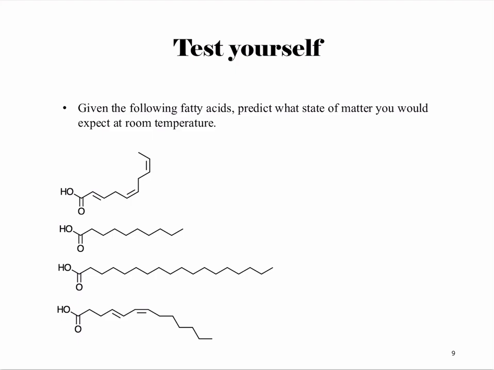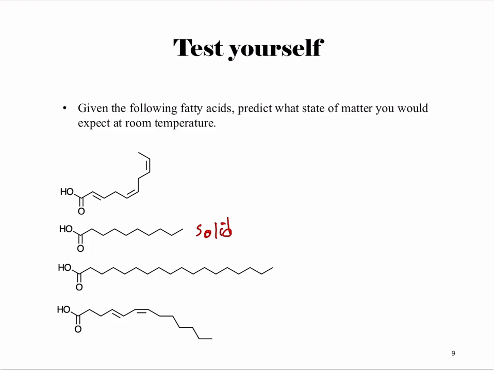So based off of these structures, predict if it would be solid or liquid at room temperature. And I hope with the reference, I'll say that this one is solid at room temperature. That is going to be solid.